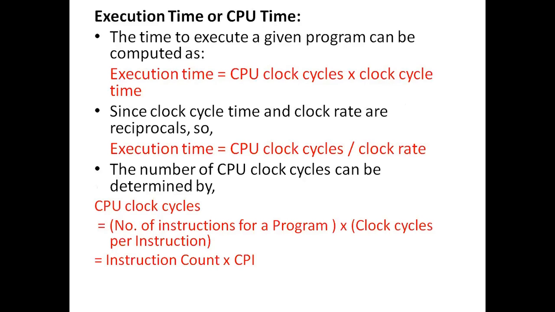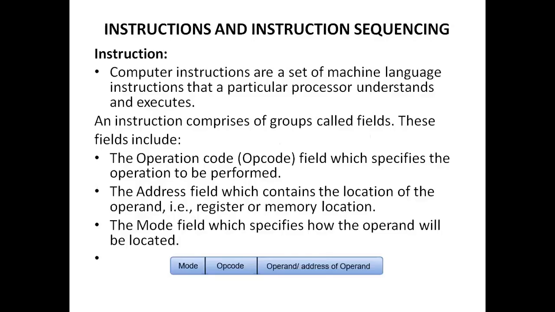Here also it is not mentioned how many lines are in the program. We take two computers A and B. The clock cycle time of A is 250 ps and the clock cycles per instruction is 2.0.